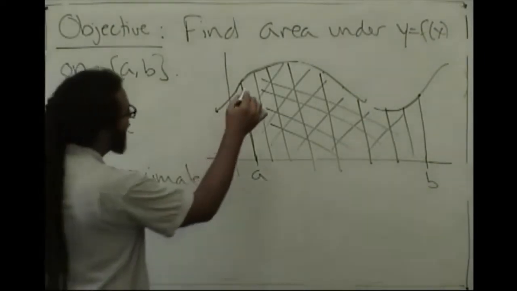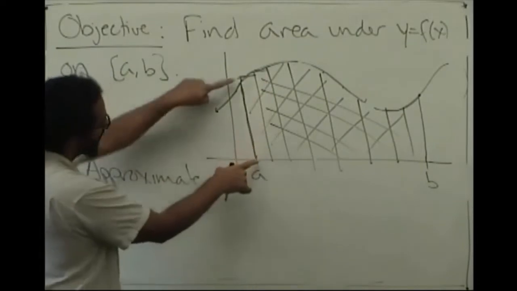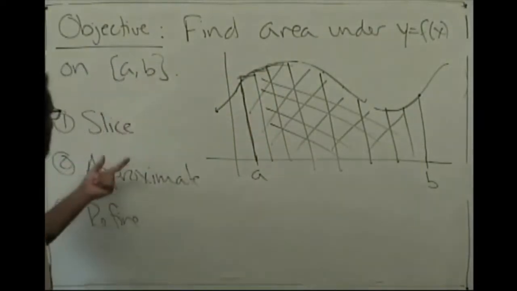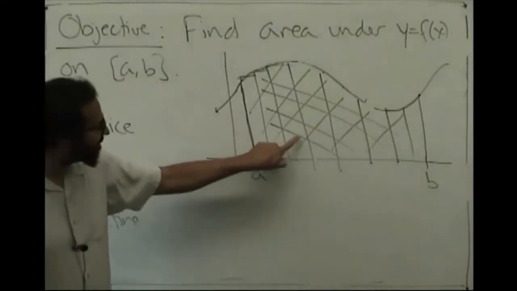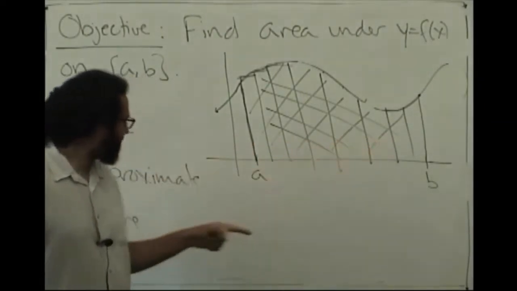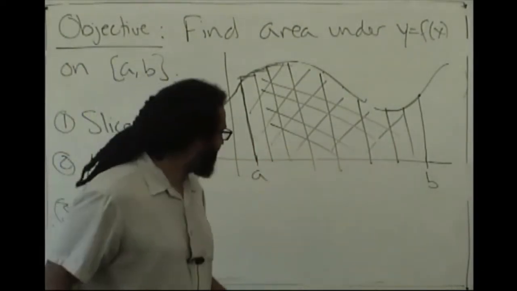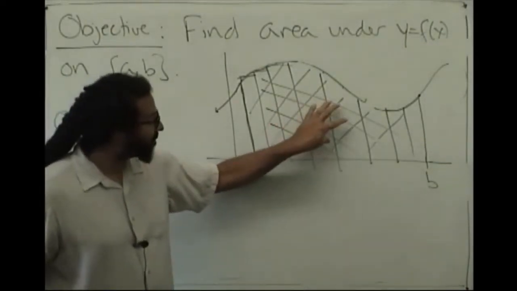Then to approximate the area, we will find the area of each rectangle and add up all of the areas. That will give a reasonable approximation for the area.